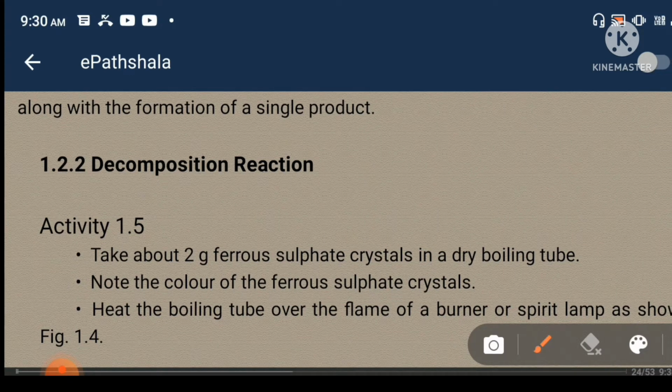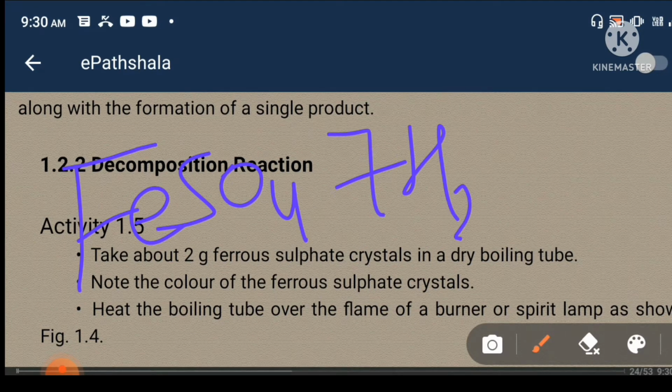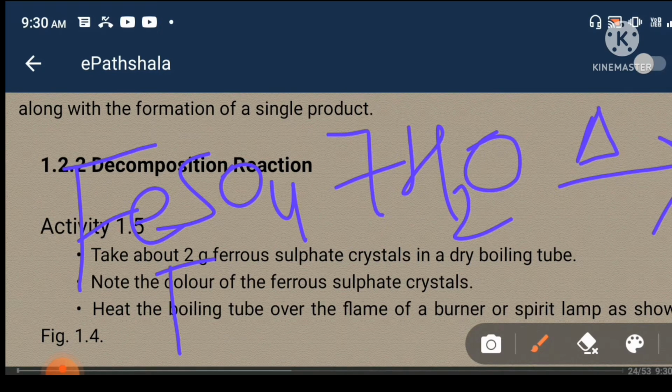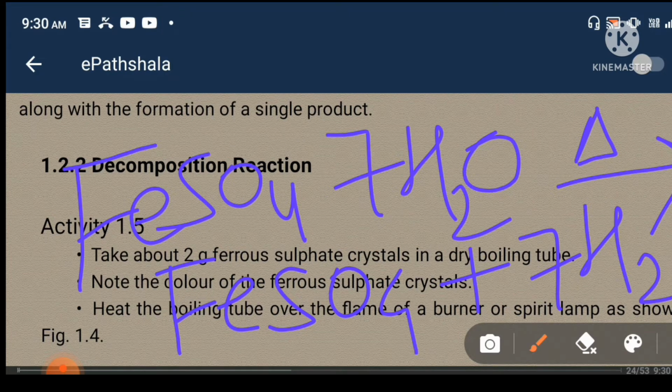Just see this. What happens when FeSO4.7H2O is heated? When ferrous sulfate is heated, this is the sign of heat, you can also use this. It loses 7 molecules of water of crystallization and forms FeSO4 and 7H2O.